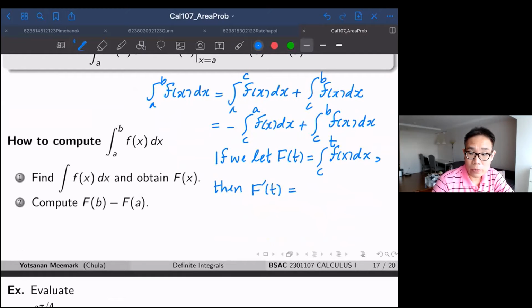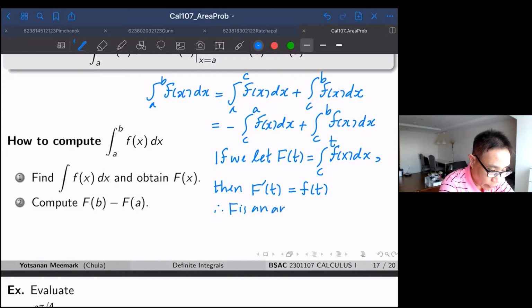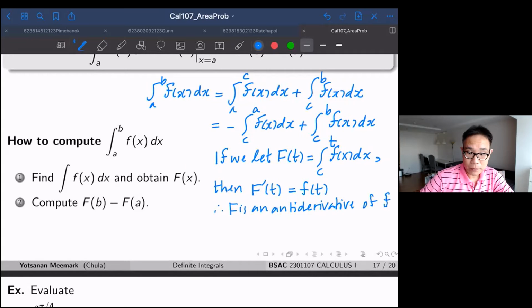F prime t equals just f t. So F is an antiderivative of the small f.